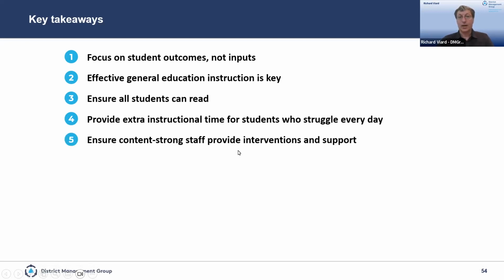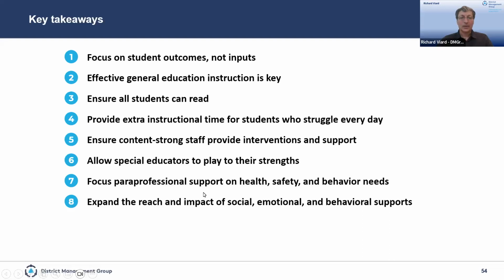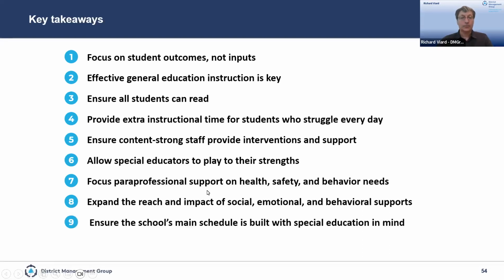Ensuring content-strong staff is providing the intervention. Allowing special educators to play to their strengths. Focusing paraprofessional support on health, safety, and behavior, and less or not on supporting academics. Expanding the reach and impact of social, emotional, and behavioral support.